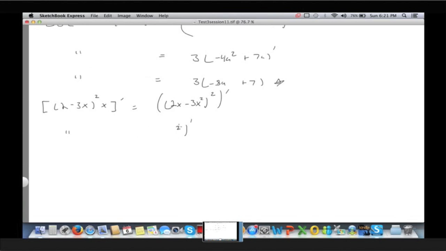So the first thing you need to do is expand the 2 minus 3x squared. So what does 2 minus 3x squared mean? We can rewrite it as 2 minus 3x times 2 minus 3x. Okay, and now we need to just keep using FOIL and multiplying until we've got a polynomial.